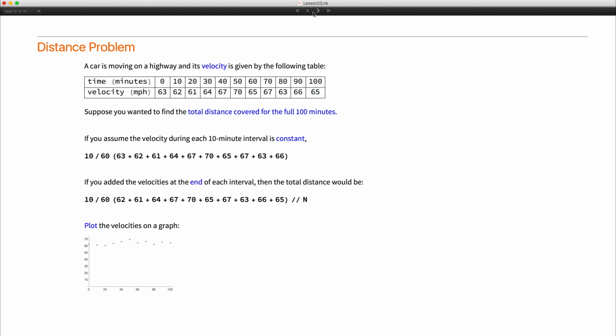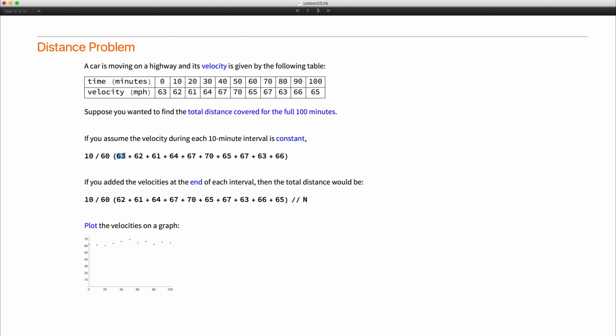Okay, so now a slightly more practical problem. Let's say a car moves on a highway, and you're given the velocities at different times at 10-minute intervals, and you want to work out the total distance covered in 100 minutes. So what you do is you divide by 60 over here. After all, you want to work with minutes, and you take the height, so to speak, as velocities.